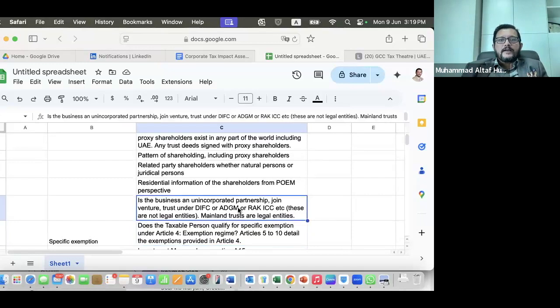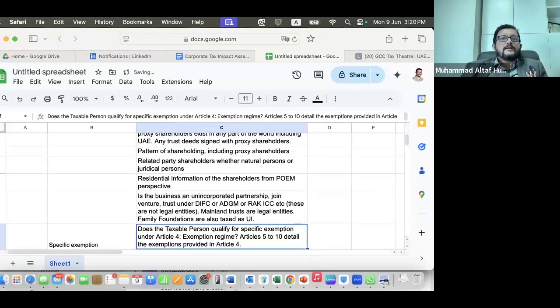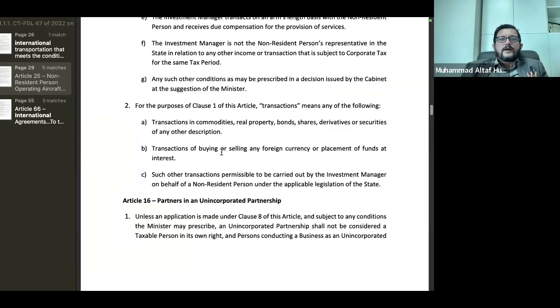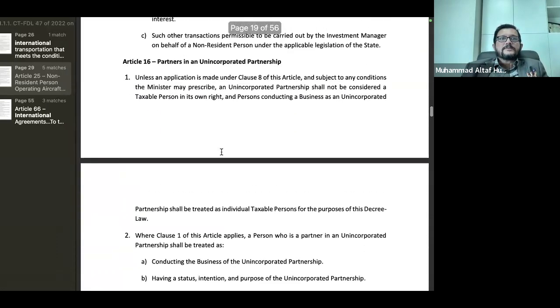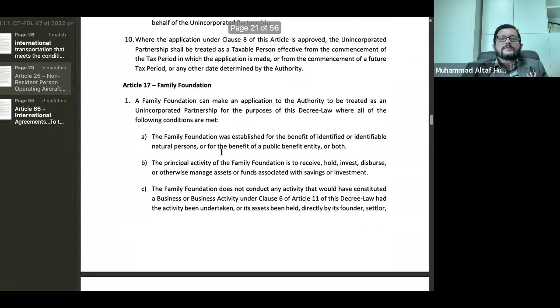Anyways, the point is that I've addressed unincorporated partnership. One more thing we should remember: family foundations are also taxed as unincorporated partnerships. When we look at the partners in an unincorporated partnership, this is Article 16. But have a look at Article 17. Let's see what it says.